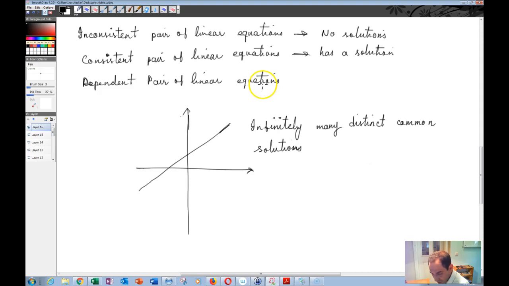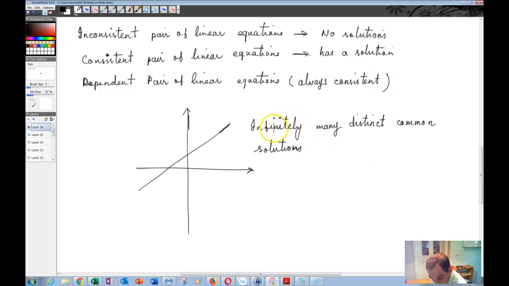And of course, you know that a dependent pair, since you have infinitely many distinct common solutions, is always consistent. Okay, so that is that.